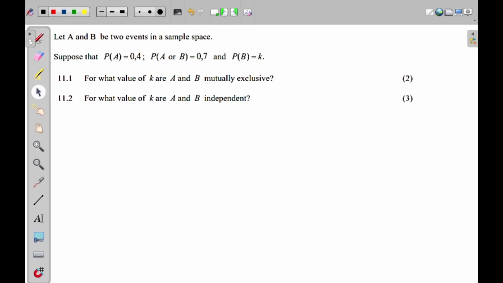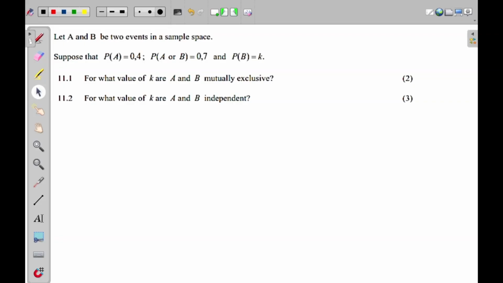Again, look at this. We are told here, let A and B be two events in the sample space. Suppose that probability of A is 0.4, probability of A or B is 0.7, and the probability of B is some number or value K. Question 11.1.